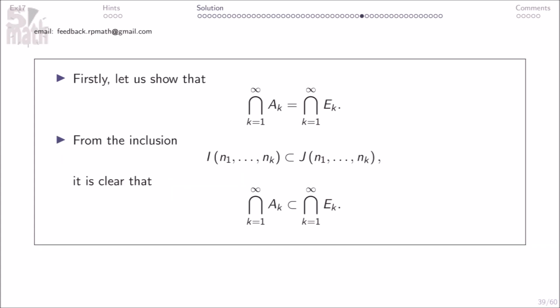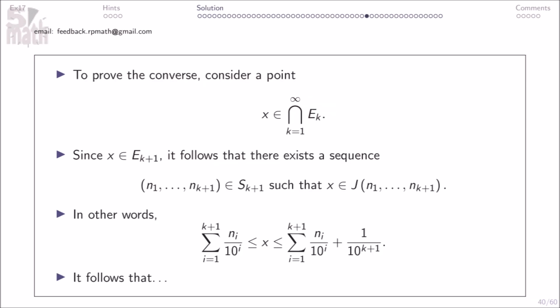Firstly, let us show the first inclusion. From the inclusion here, it is clear that this holds. To prove the converse, consider a point x element of the intersection. Since x is an element of Ek plus 1, it follows that there exists a sequence such that x is in this. In other words, the following.